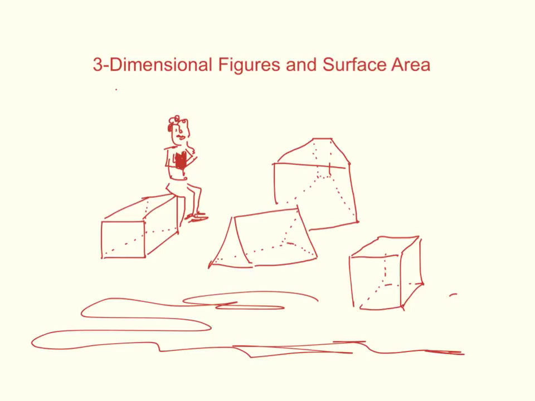We had done only volume of rectangular prisms, but now, as you can see by this little picture, we're going to add some other figures to it. So in lesson 1, it's just talking about the different words that we need to use, a lot of vocabulary, how to think about these shapes.